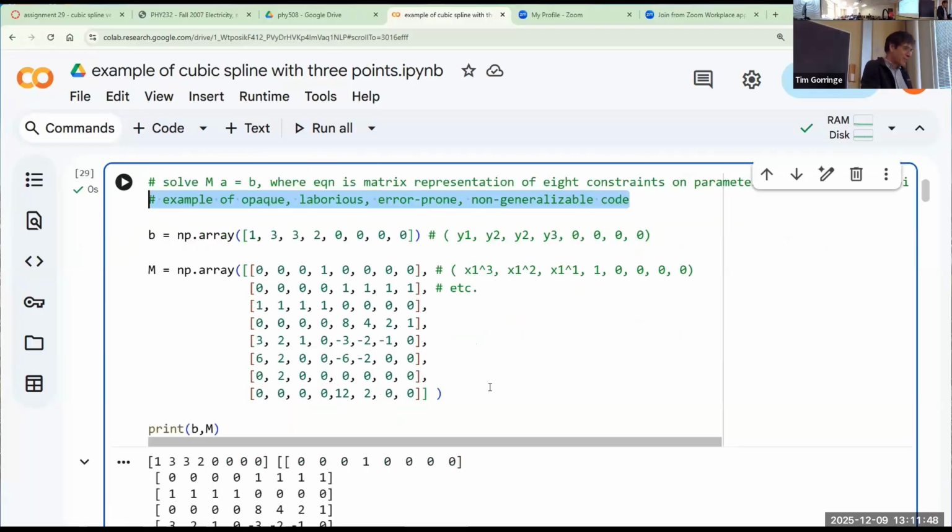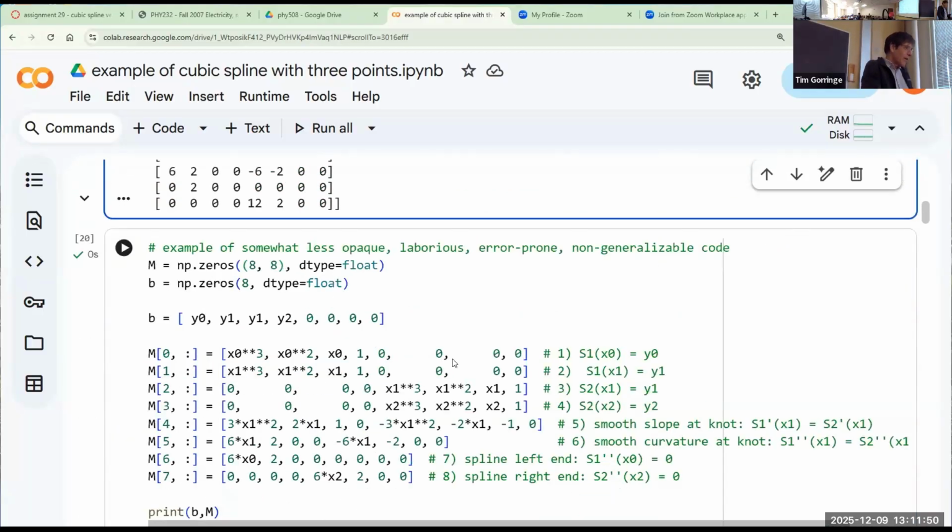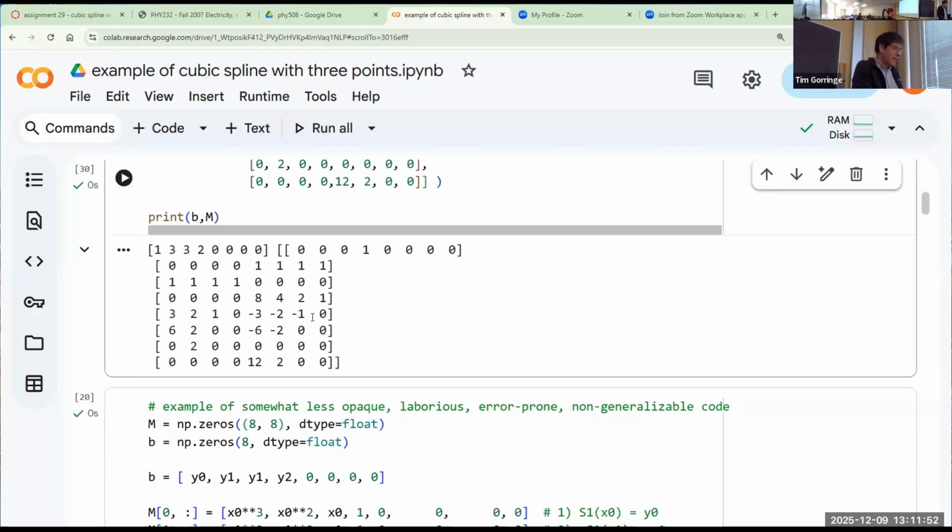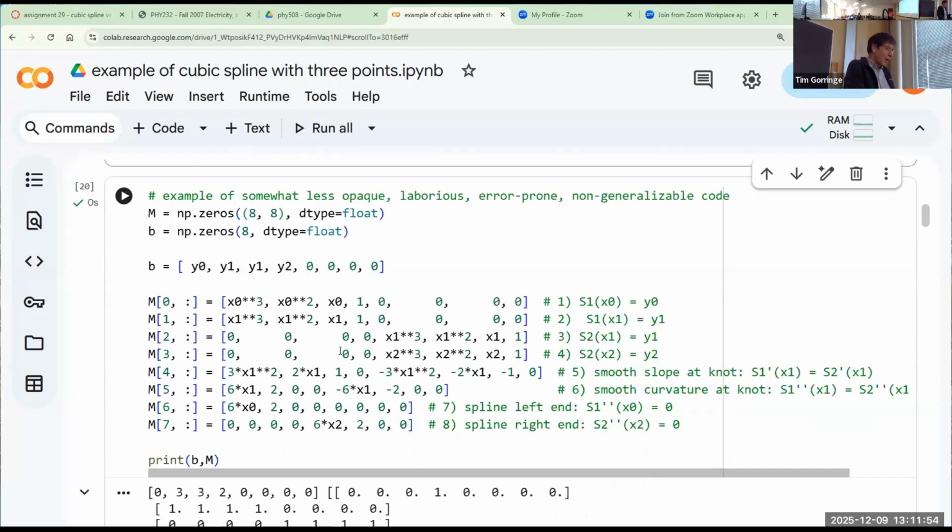So after doing that, which I did in the end, I think, get right, I tried this way. This way is a little bit less opaque, so it's more transparent and more generalizable. It's less specific. When I construct the matrix, I did it row by row here.